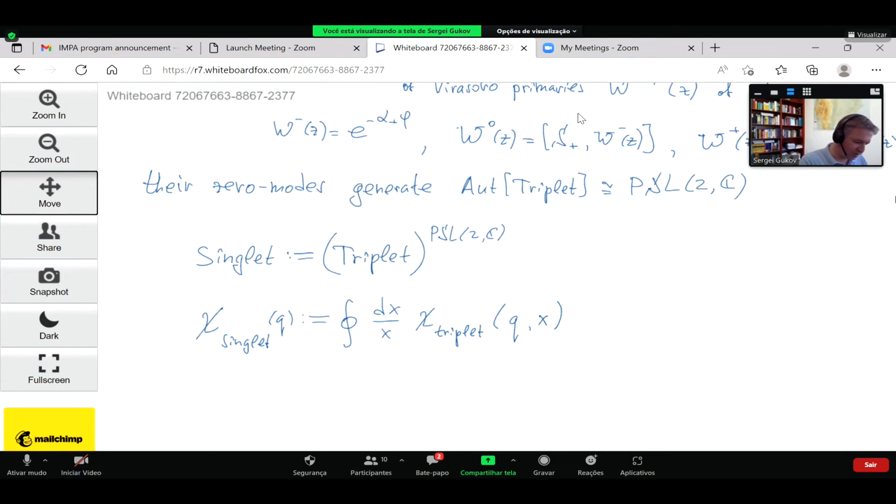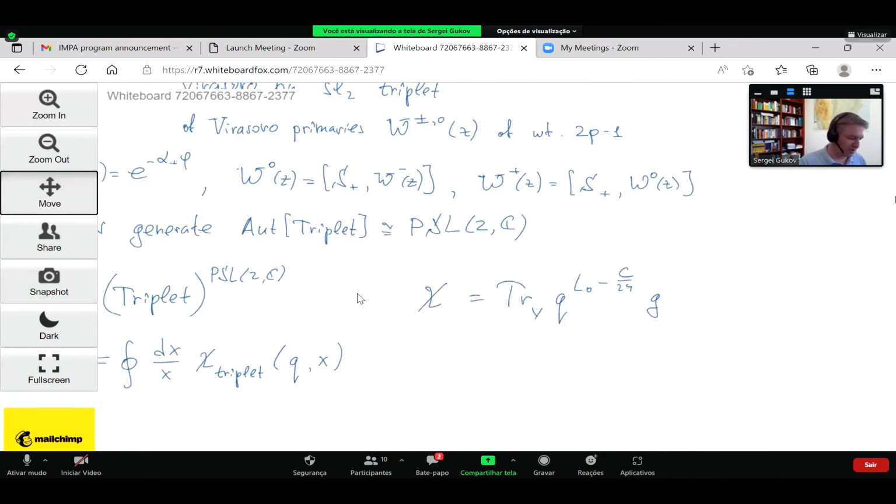So in general, we have chi, which for a general VOA is defined as the trace over, say, the vacuum module or some other module of Q to the L0 minus C over 24. But one can also insert here some group element G. So this is a type of twisted or twined character.